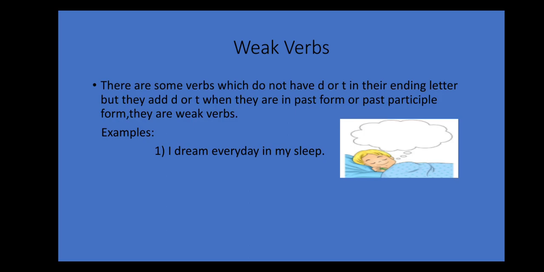But if I want to tell you about my past action, I dreamt last night. So, you see, in the spelling of dream, in the ending letter, there is no D or T. But when I have written the past form, I have added T. So, this type of verbs are weak verbs.